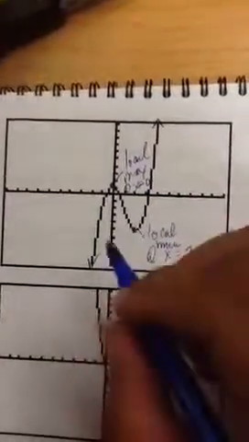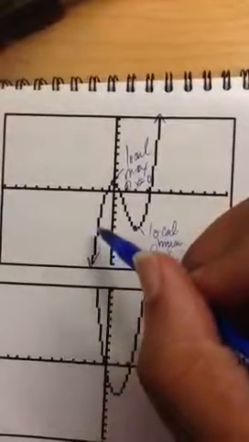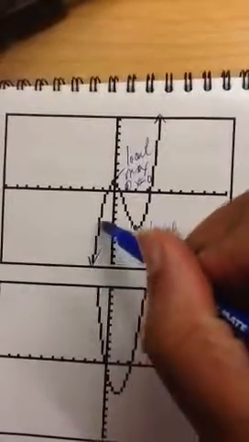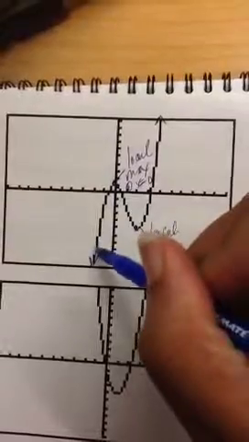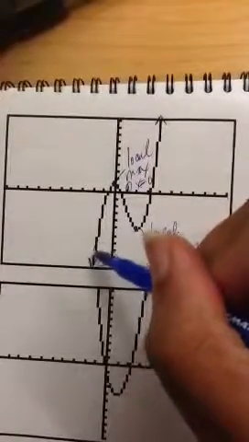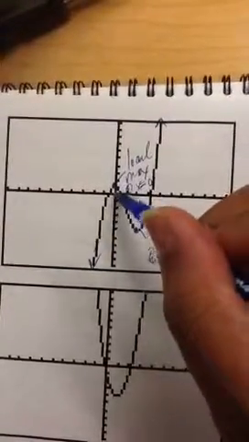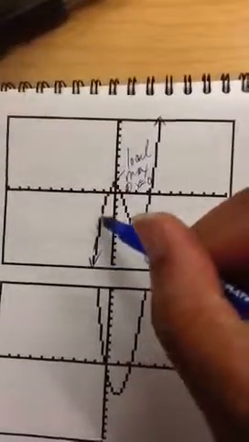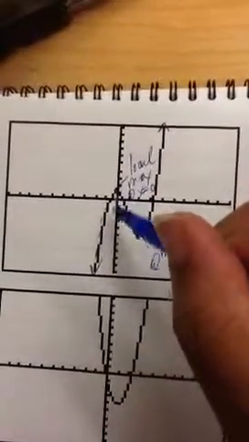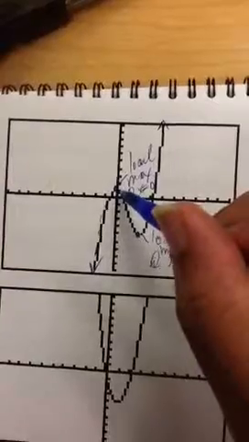So what about points of inflection? Well, from x equals 0 on back, it's concave down because all of the tangent lines are below.